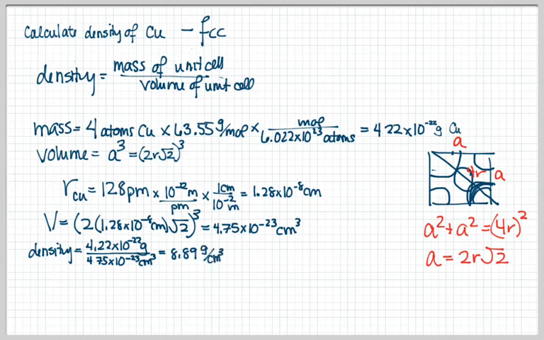And so if we compare that to the experimental value, we see that the experimental value is 8.96 grams per cubic centimeter, which really is a pretty close match. So we can see that this is an effective way for calculating the density of a metal.